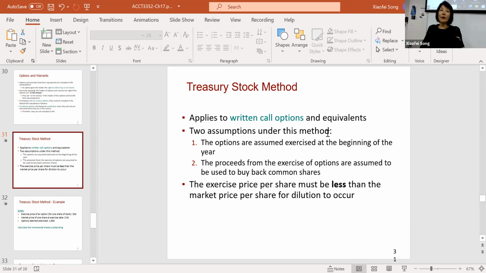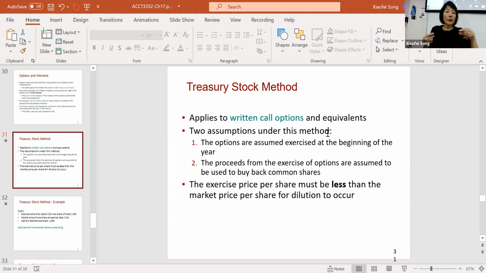But the treasury method assumes the company would then use the proceeds from the exercise of the options to purchase back as many shares as possible. Use all the proceeds to purchase shares for treasury. So two things happen. The exercise of the option increases the number of shares outstanding. The repurchase decreases the number of shares outstanding.